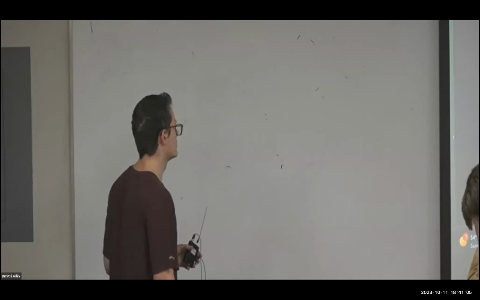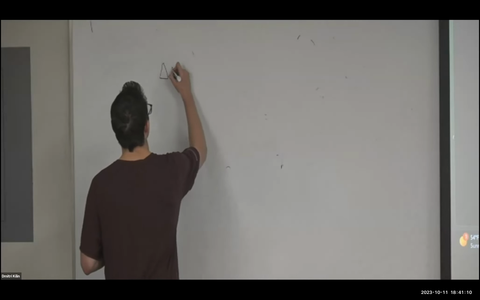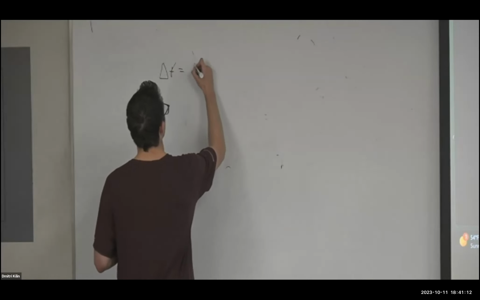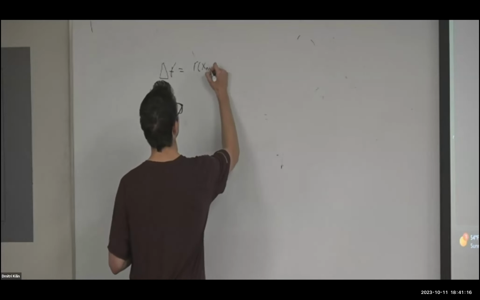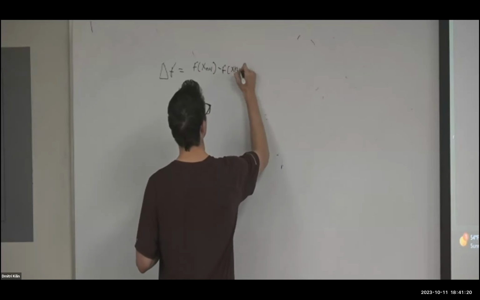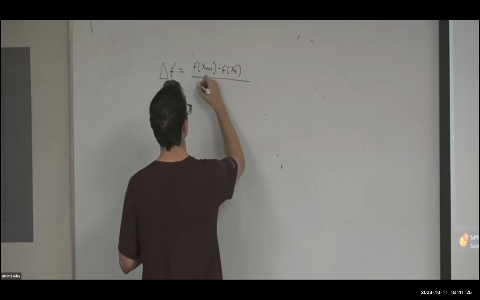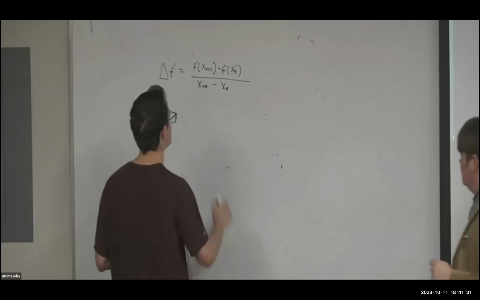Okay. So if we want to use forward difference, the forward difference for any generic function looks like this: x_{n+1} minus x_n. So that's a forward difference.